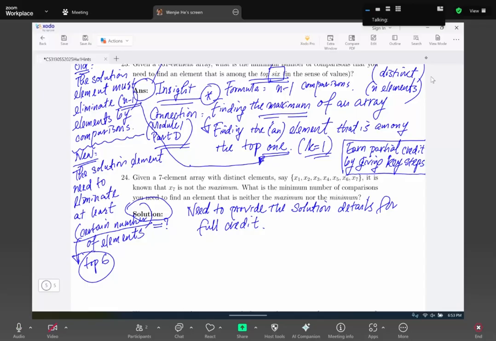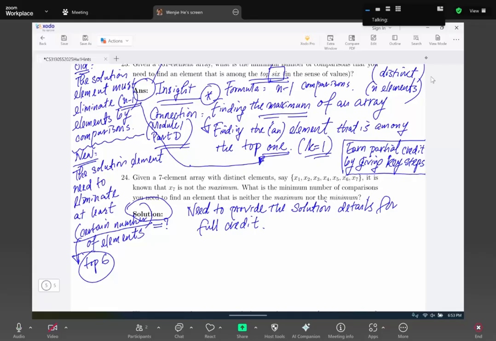So 1, 2, 3, partial credit, full credit, 4 points. So you have a chance to earn 1 or 2 or 3 points based on how close your answer, solution, key steps are to the correct one. So that's important.